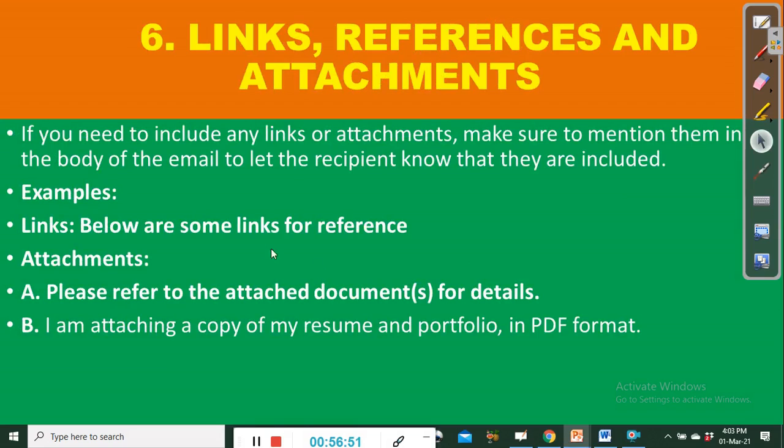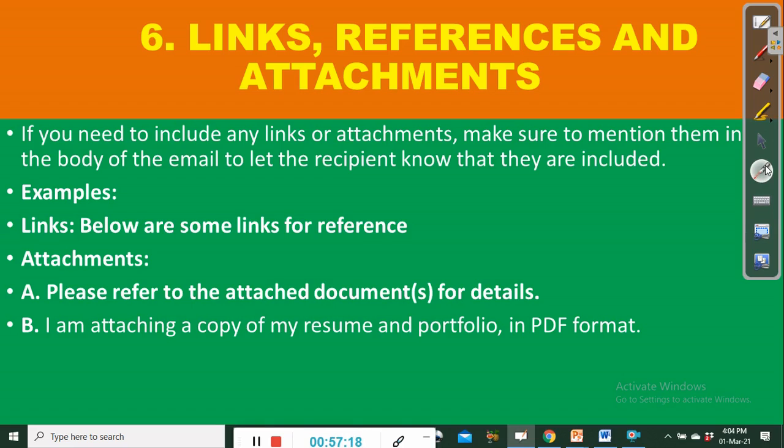Then number 6, we look at links, references, and attachments. In this case, when you write an email and you have additional documents you want to send, then you might send them in form of links or attachments, things they need to refer to.